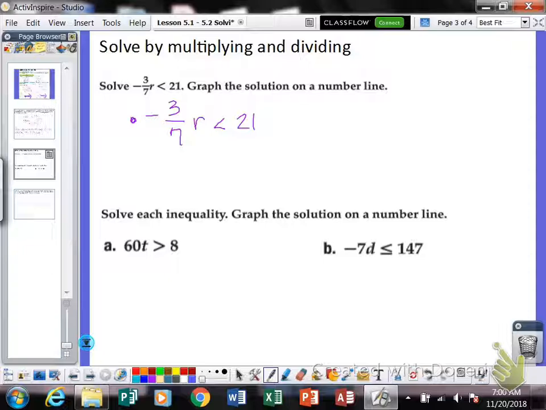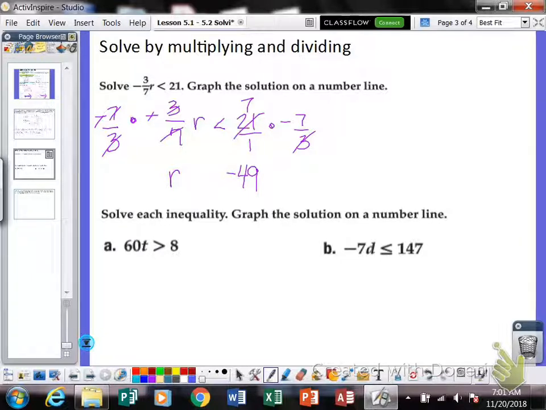We want to multiply by the reciprocal, negative 7/3, times 21 over 1. A negative and a negative is a positive. 7 goes into 7 once, 3 goes into 3 once, leaving me with my r. Now, on the opposite side, 3 goes into 21 7 times. 7 times negative 7 is negative 49.